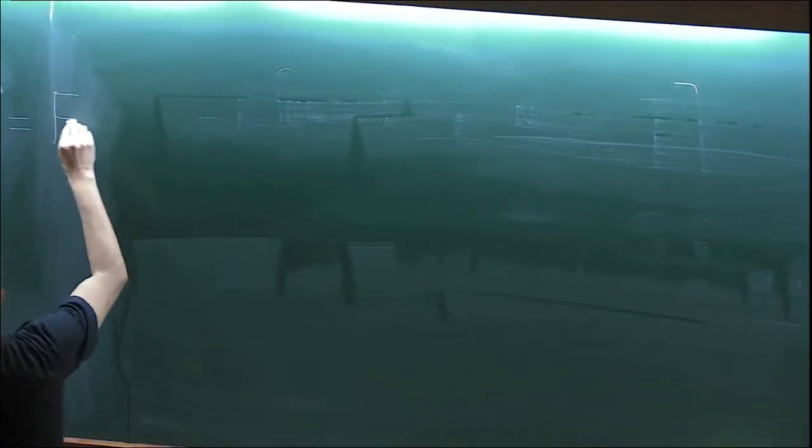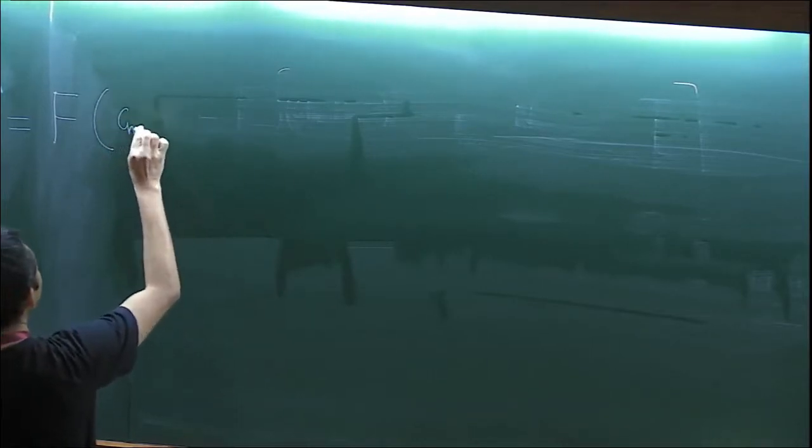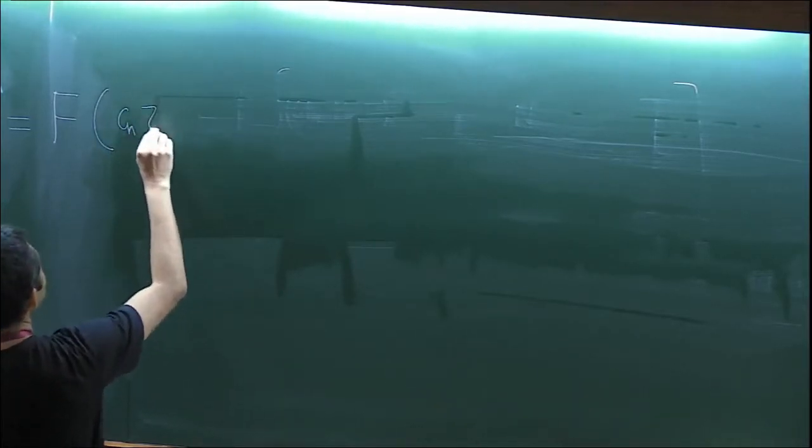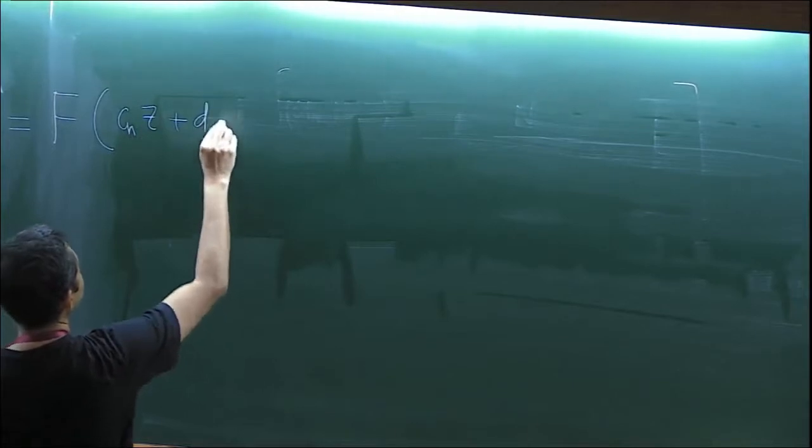right? But as in the case of addition, I have to rescale the variable, even for the maximum. So this will be given by the same function, but with some rescaling. Let's call this rescaling Cn z plus dn.